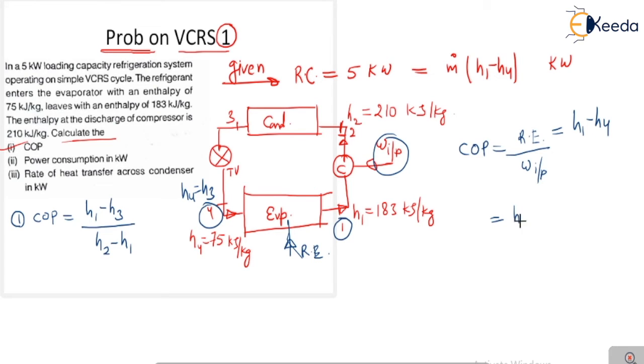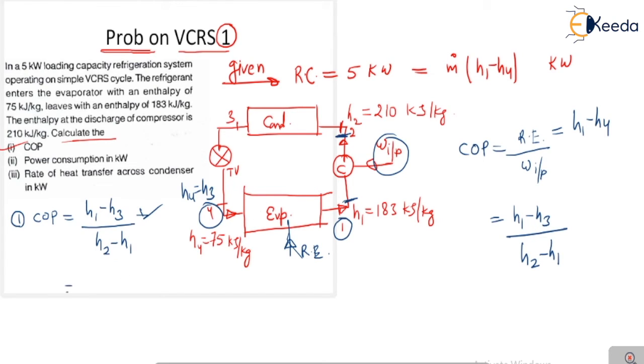That means you have to write it as H1 minus S3. And what is the value of work input? Work input is the difference of these two values, that means S2 minus H1. So I can also write COP as H1 minus S3 upon S2 minus H1.